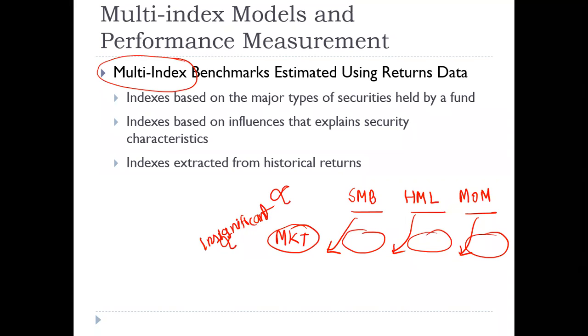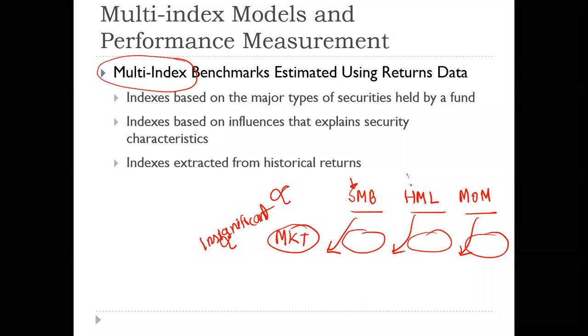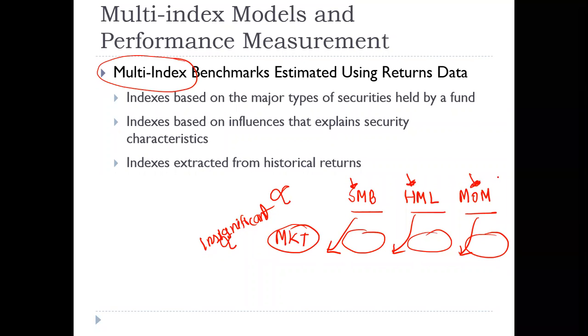Rather, what can we do? We can take the SMB beta of my stock, HML beta of my stock, momentum beta of my stock, and market beta of my stock. If we have this information, we can invest by ourselves.